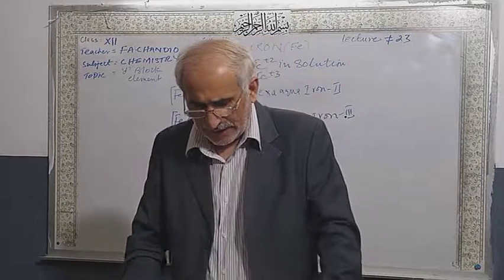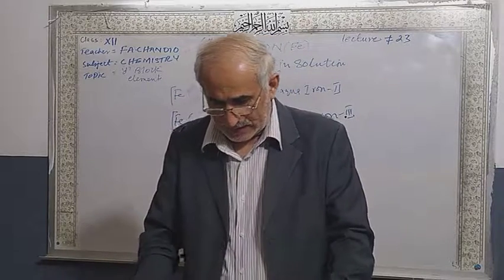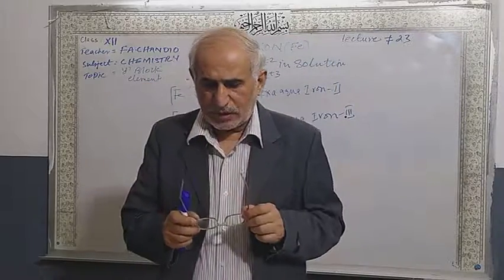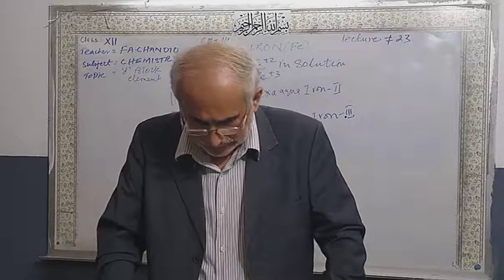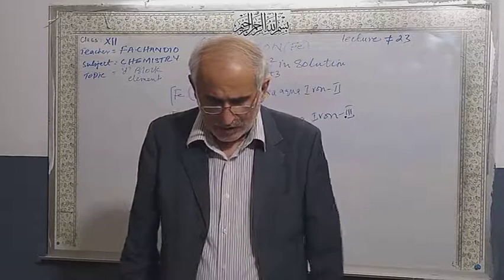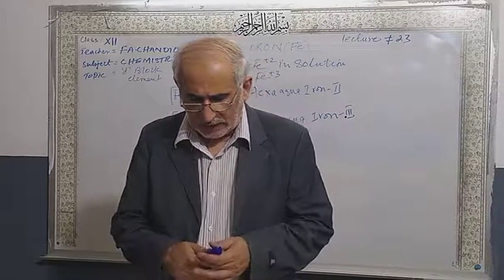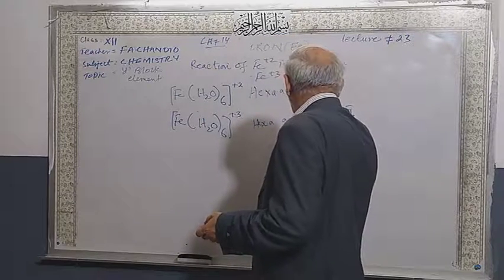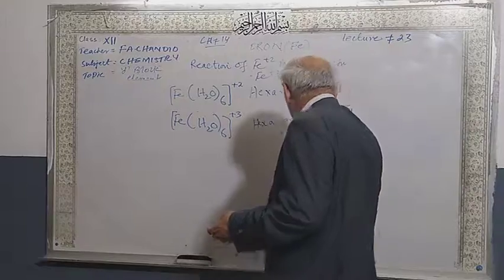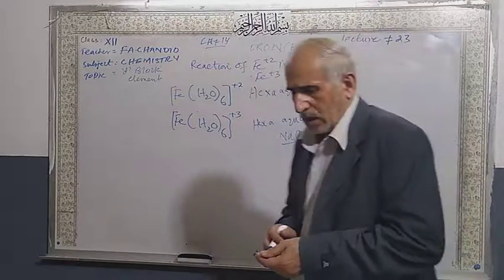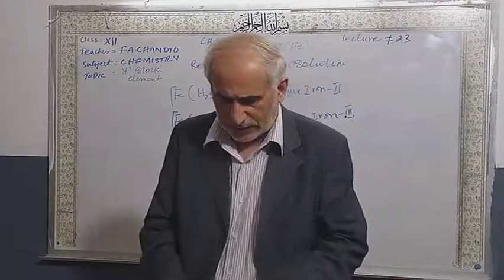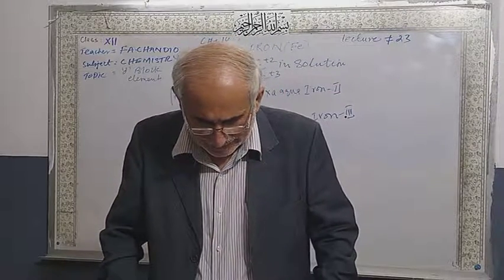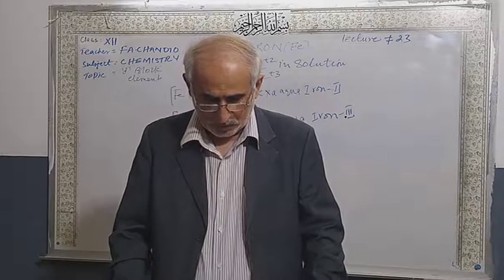The reaction of iron ions with hydroxide ions. We will see the chemical reactions given down here. Open page number 83. Suppose we have hydroxide ions from the alkali, caustic soda, sodium hydroxide. Hydrogen ions are removed from the water ligands attached to the iron ions.